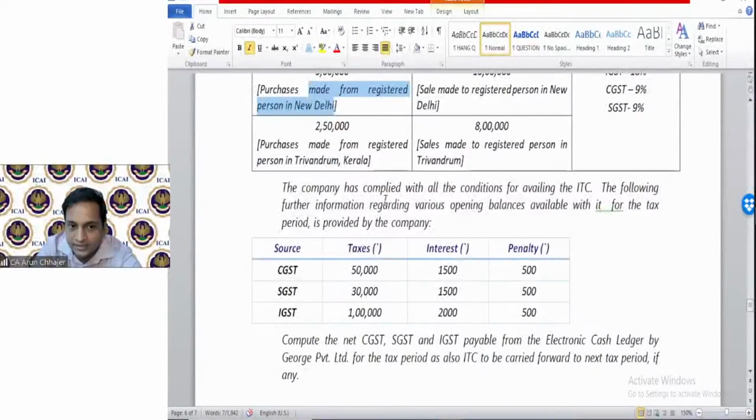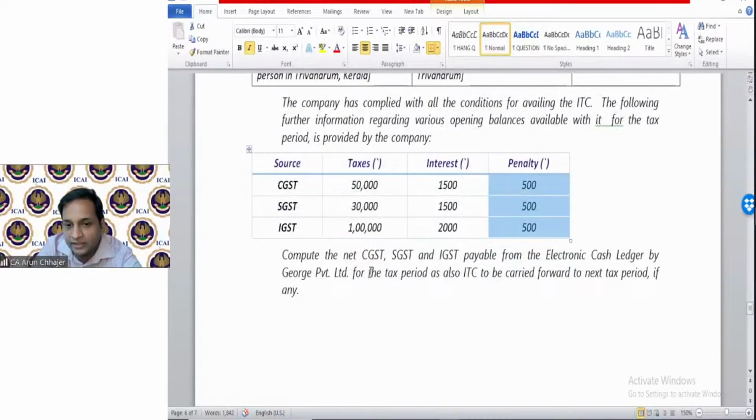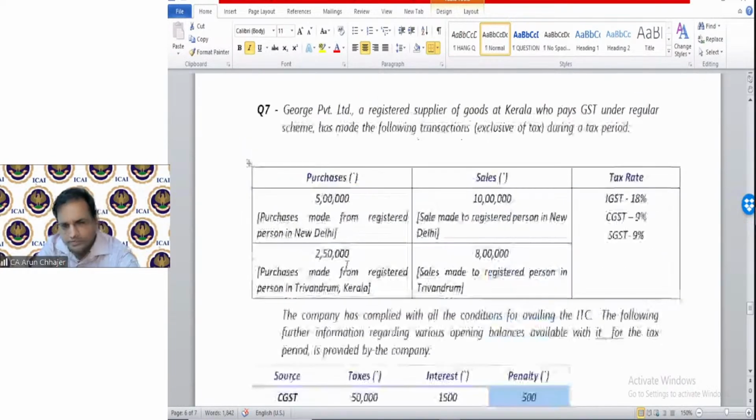Company has complied with all the conditions to avail the ITC. Following is further information regarding the opening balance available with it for the tax period: taxes, interest and penalty, this much of the amount. Compute the net tax payable from the electronic cash ledger. Same question.